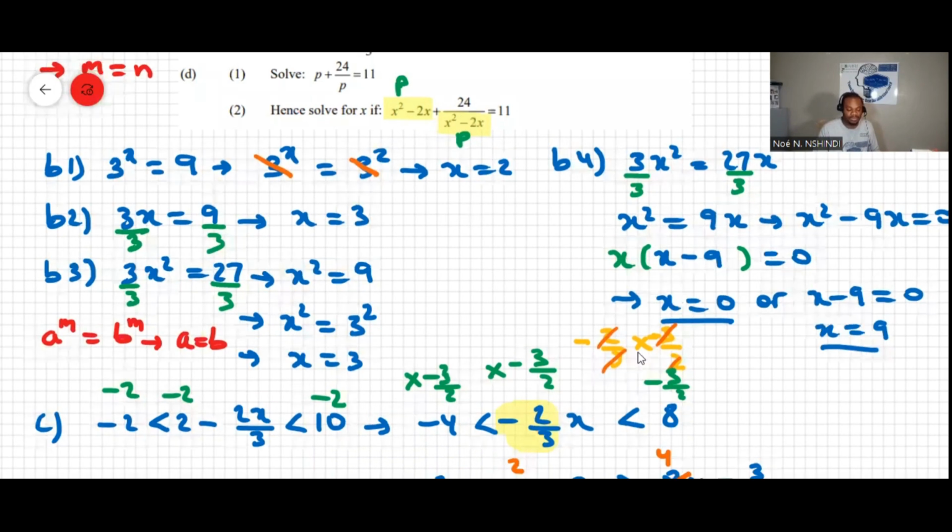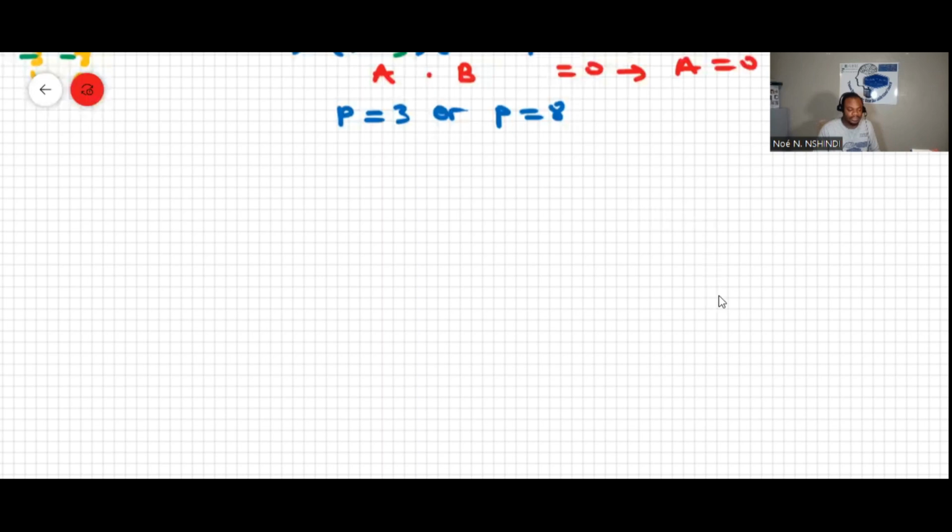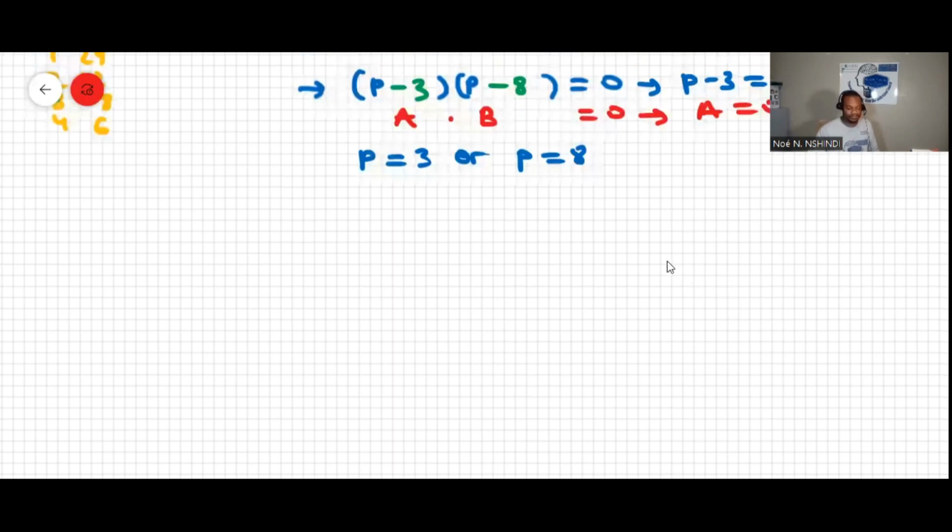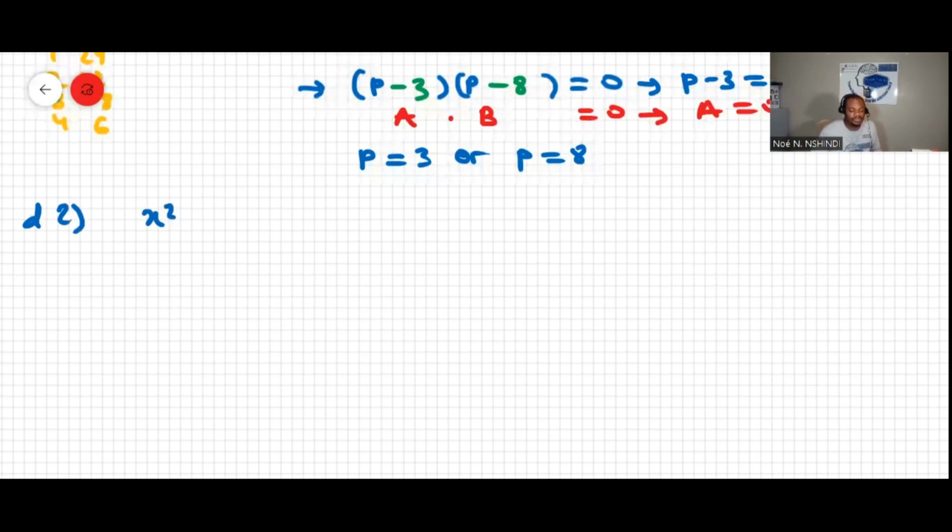So I'm going to write here D2. We want to say x squared minus 2x equal to 3, or x squared minus 2x equal to 8. So I'll move the 3 over.